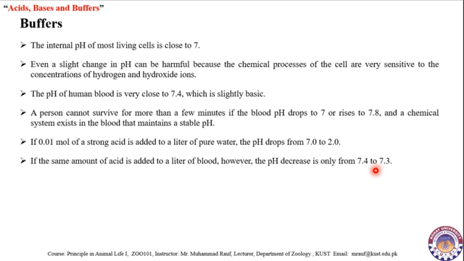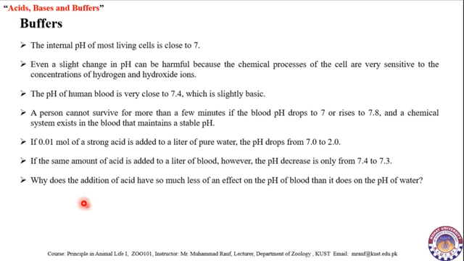Now, which system ensures the pH stays in that range? There must be something which enables this mechanism, which enables the pH to stay in the range. Why does the addition of acid have so much less of an effect on the pH of blood than it does on the pH of water?